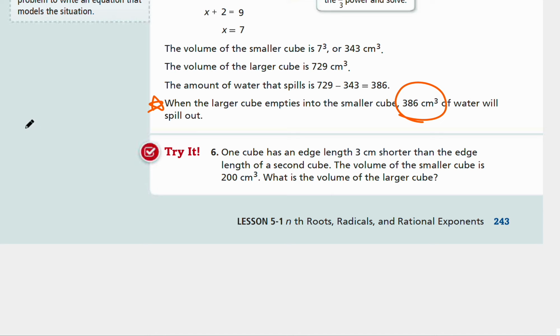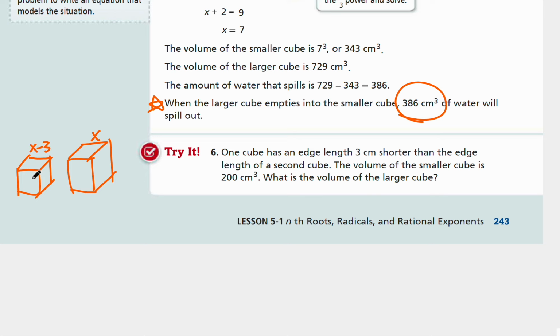Okay, are you ready? So let's think about the two cubes. We have two cubes that are different in size. The one cube has an edge length 3 centimeters shorter than the edge length of a second cube. So if we assume the edge length of the second cube is x, then the edge length of the first cube is x minus 3, right?